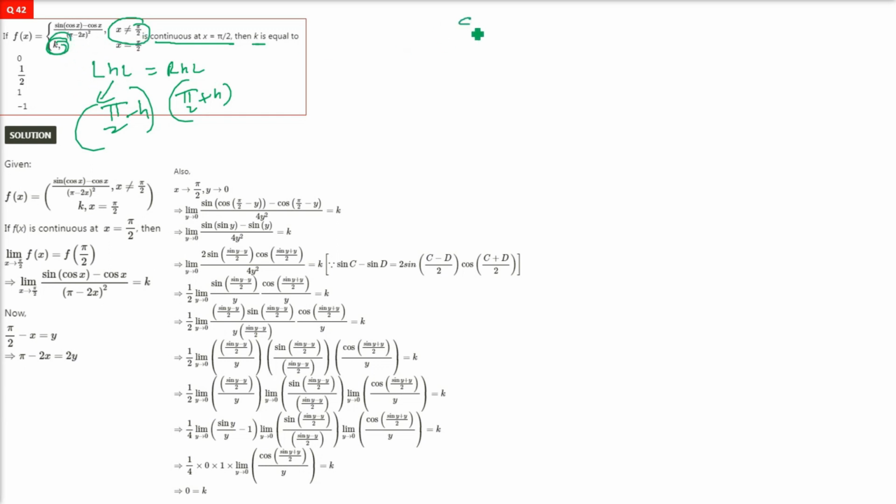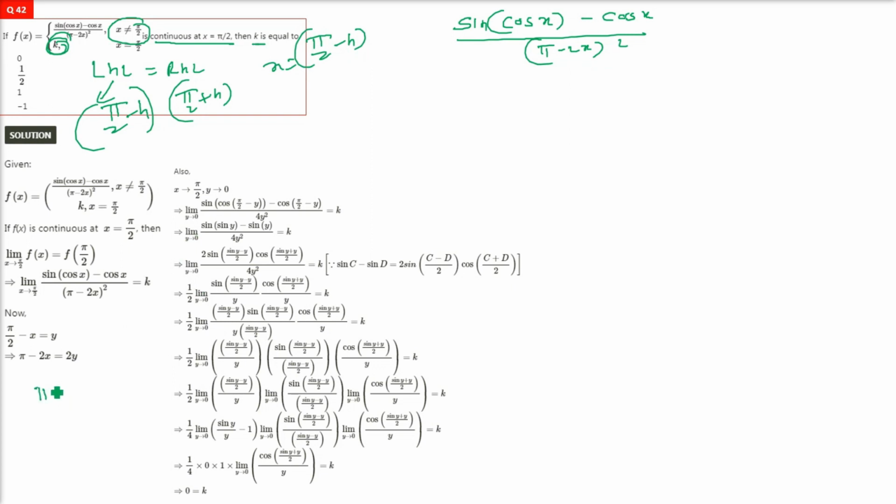I am going to replace x by pi by 2 minus h. So we have sin(cos x) minus cos x, divided by (pi minus 2x) whole square. As I said, you can take either pi by 2 minus h or pi by 2 plus h. So x equals pi by 2 minus h.